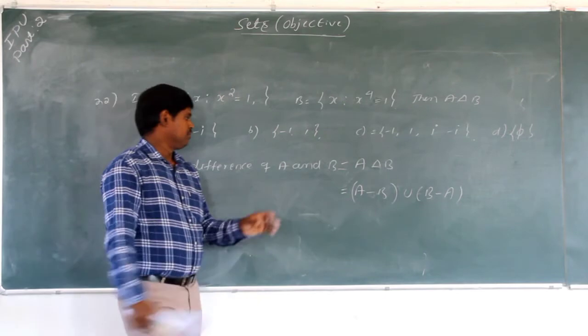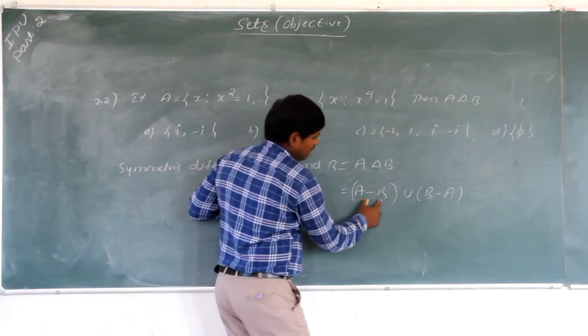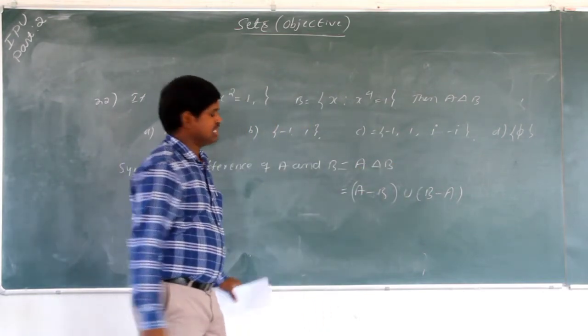The symmetric difference of A and B is nothing but A minus B union B minus A. That is the symmetric difference.